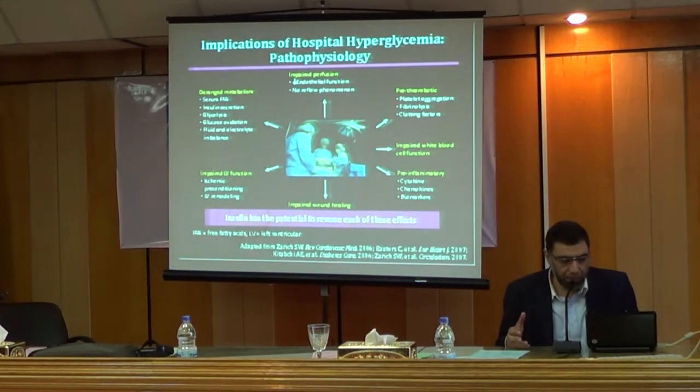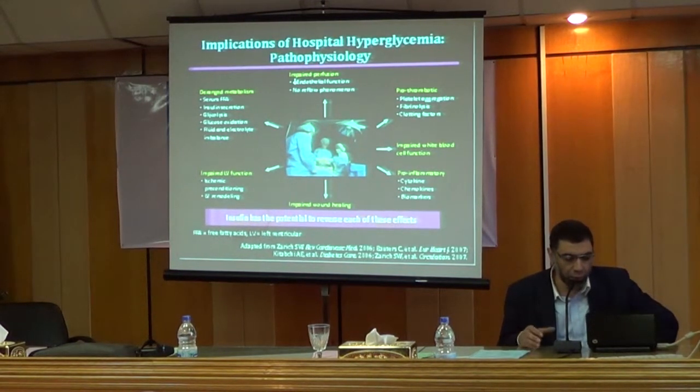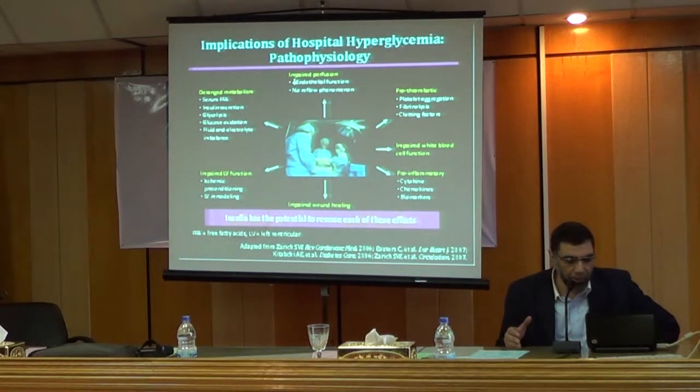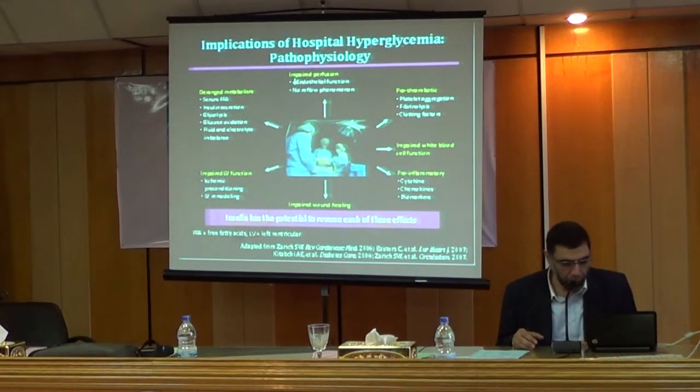Hospital hyperglycemia, of course, can influence the mortality and the prognosis through several factors, as you all know: deranged metabolism, impaired perfusion, the poor thrombotic milieu that diabetes produces, impaired white blood cell function and immunity, a pro-inflammatory state, impaired wound healing, and impaired left ventricular function. All of this will influence the critically ill prognosis.